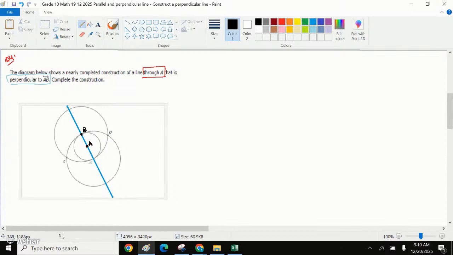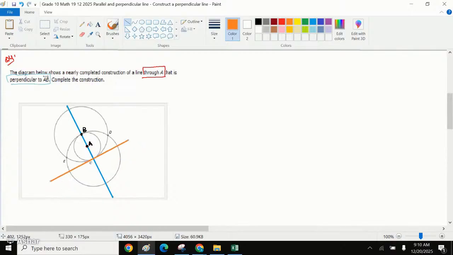There is another line that is perpendicular to this. If we want to draw a perpendicular, can we say this line is a perpendicular? Yes, it is a perpendicular because it's making a plus sign, right? Perpendicular lines make a plus sign, but it is not passing through A.